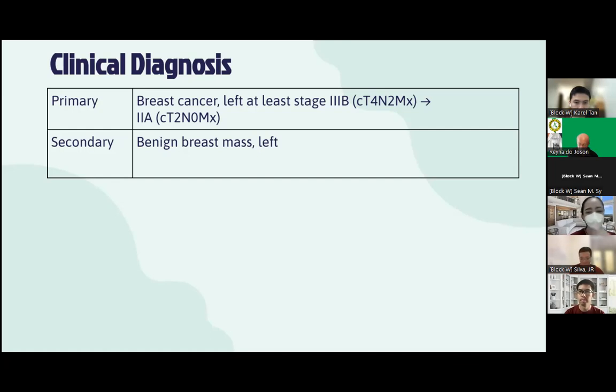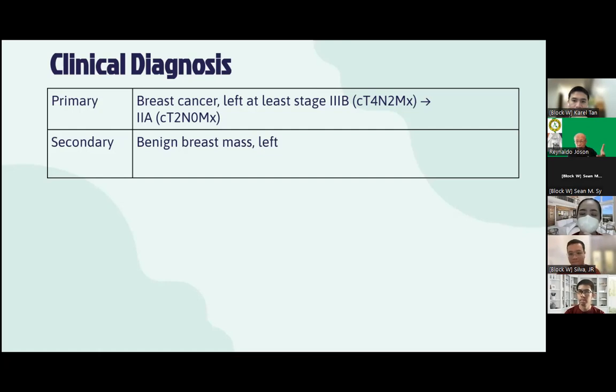Now, the M, how do you assess it clinically, even without labs yet? You can ask questions, aside from your PE of the breast and PE of the whole body. You can ask additional questions.